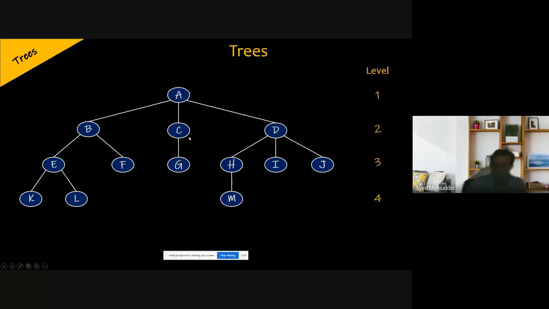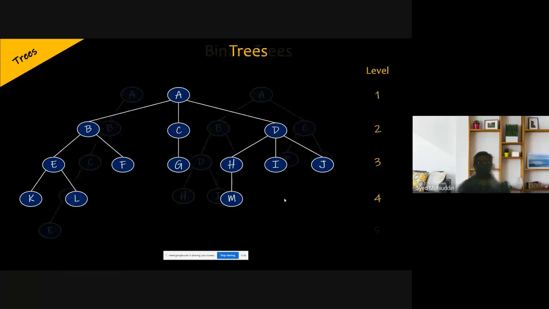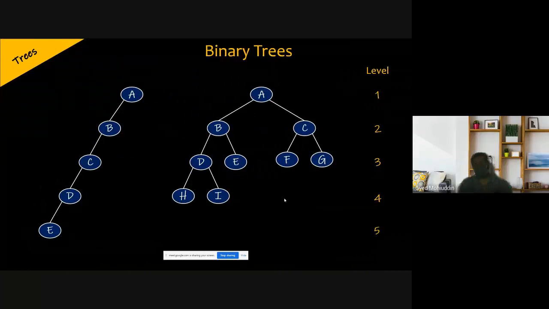Its grandchildren, that is E, F, G, H, and so on, will be at the third level, and subsequently in the hierarchy the next level will be the fourth level. So levels go on starting from the root node, and then its children, and the hierarchy continues.